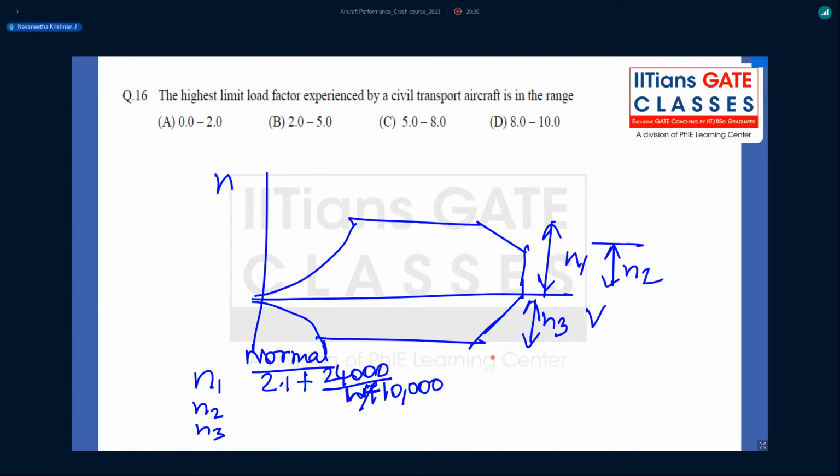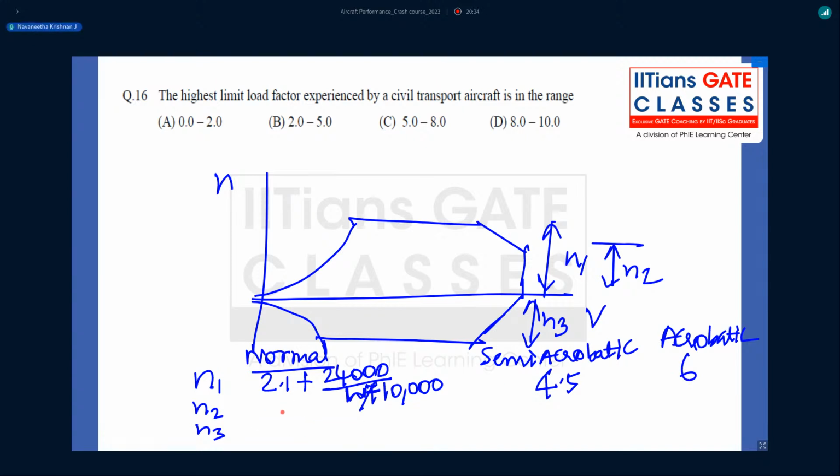If you take semi-acrobatic aircraft, the maximum load factor is 4.5. If you take acrobatic aircraft, that is, fully like for air shows, 6 is the maximum load factor.